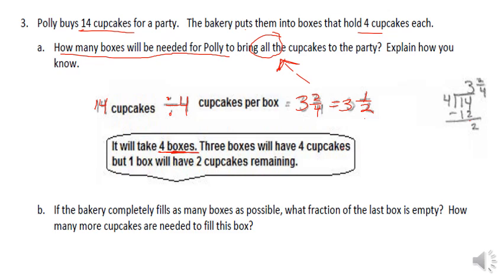Okay. If the bakery completely fills as many boxes as possible, what fraction of the last box is empty? How many more cupcakes are needed to fill the box? Well, we can see from work we've already done up here, there were 3.5 boxes filled, so 1/2 box was empty.